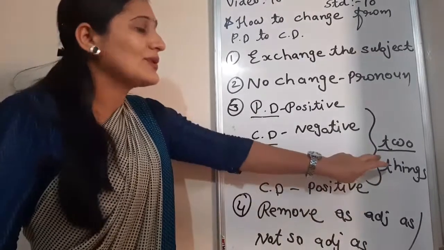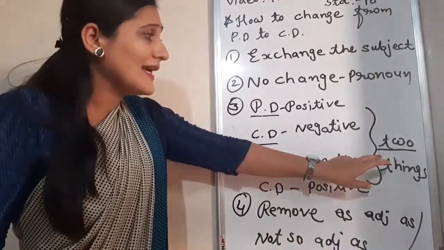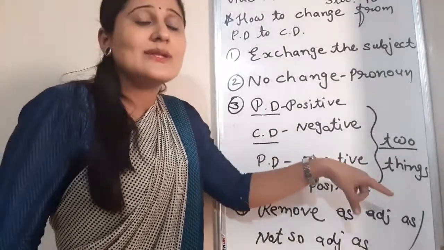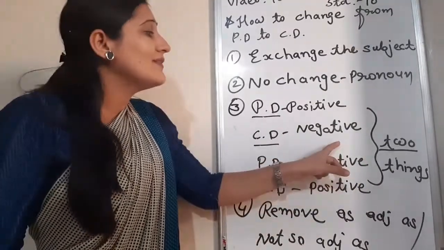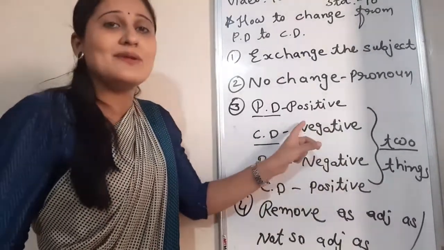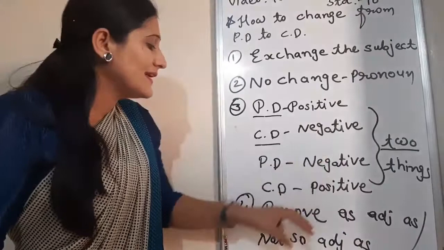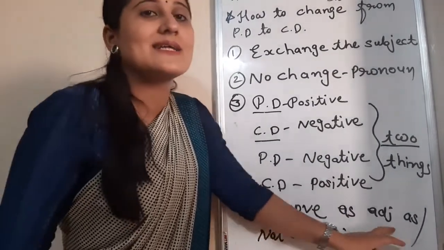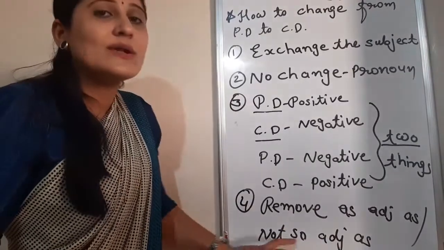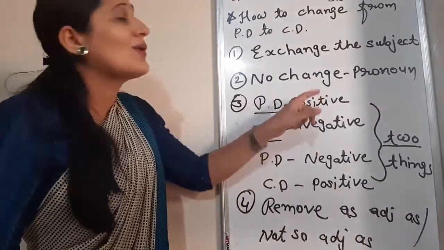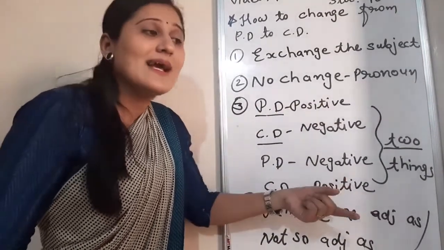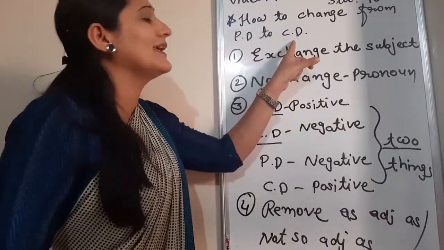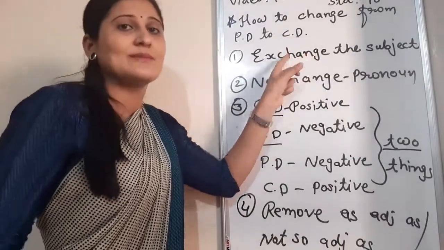And if 2 things are not given, and it is a comparison of more than 2 things, then we will see whether this rule is valid or not. The fourth one is remove 'as adjective as' and 'not so adjective as', because we will add something else for comparative degree.